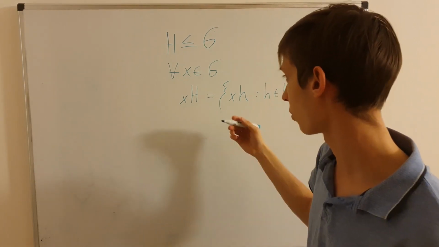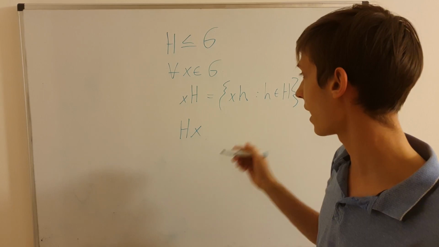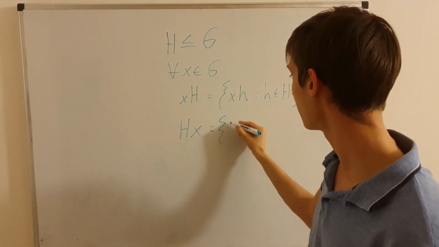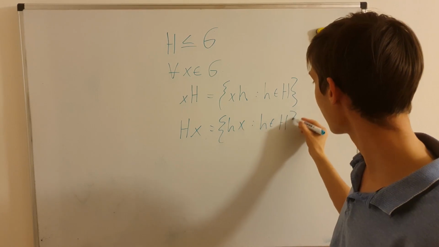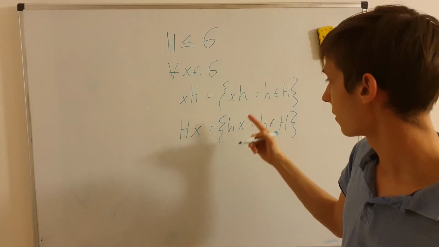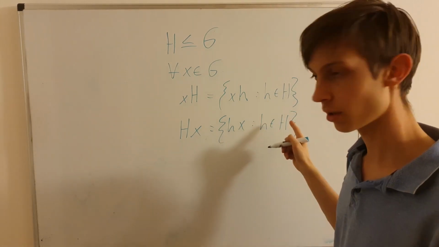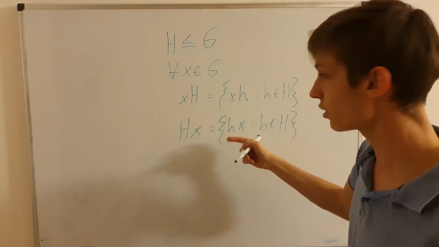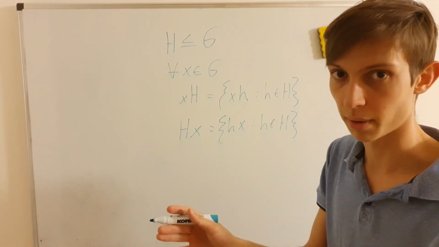Then there's also something called a right coset, which is completely similar, just the H goes first and then the X is second. And then the definition is also switched in the following way. And what this lowercase h means basically is the following. H is the entire group H and all its elements, and h is each individual element.